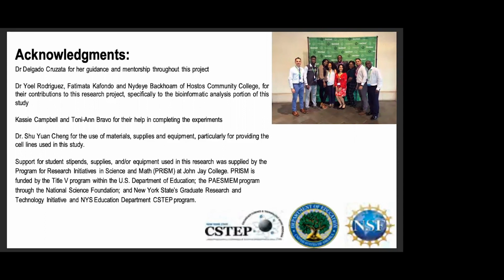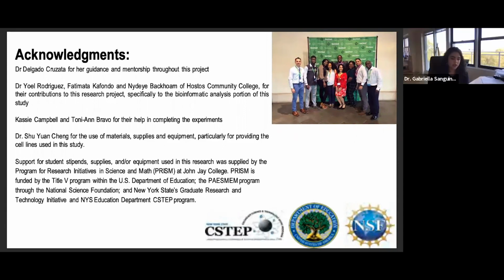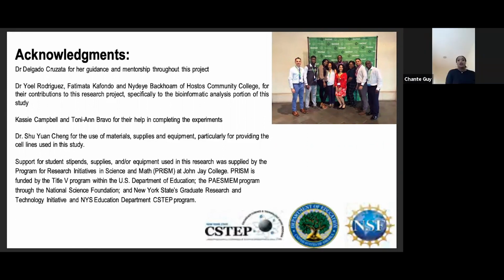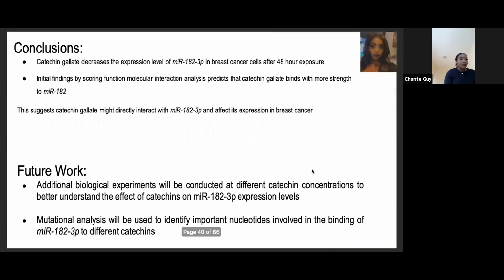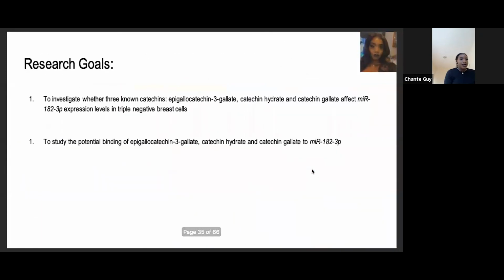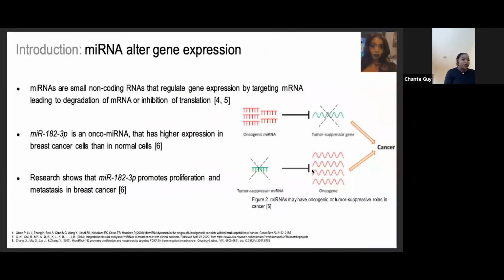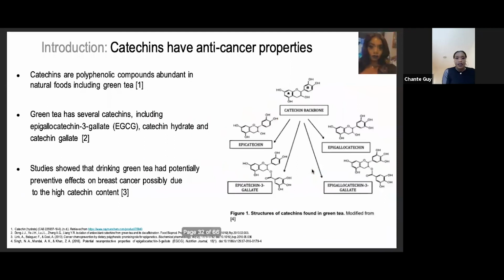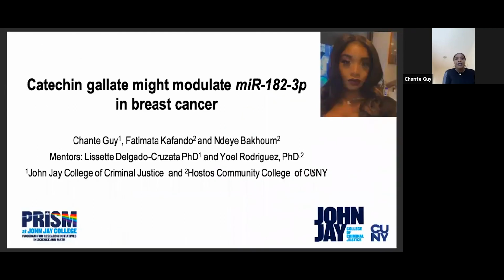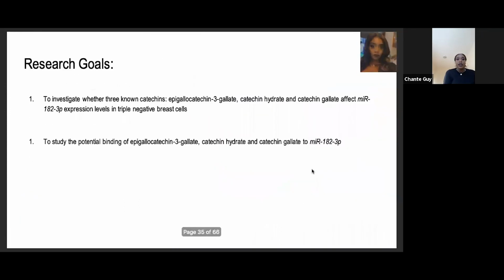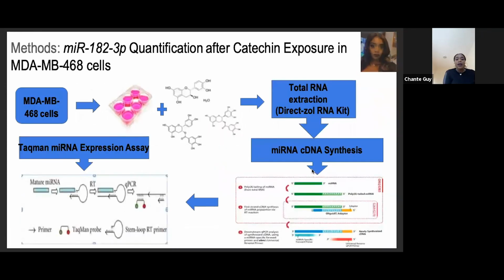Okay. How will different catechin structures affect their activity? So great question. If you go back to my slide 6, you see that the catechins have different structures and they interact with the microRNA by different nucleotides.